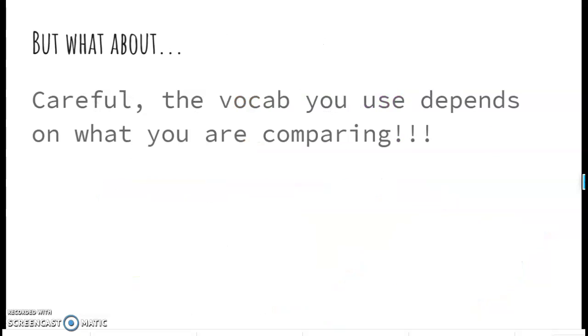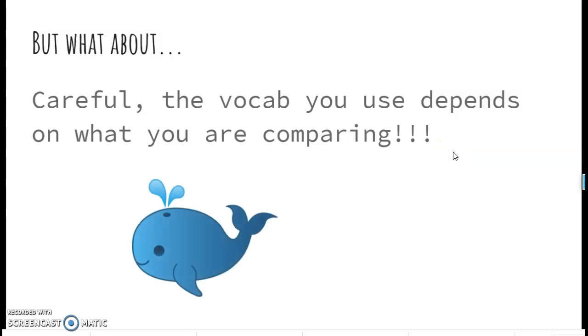All right, but at the very end, I want to say, careful, the vocab you're using depends on what you're comparing. There were some weird words I used, like when I said that the frog was heavy, and when I said that the whale was light. The reason for that is because it always depends on what you're comparing objects to. So here's my whale again. What's the first word you would use to describe the whale's weight?